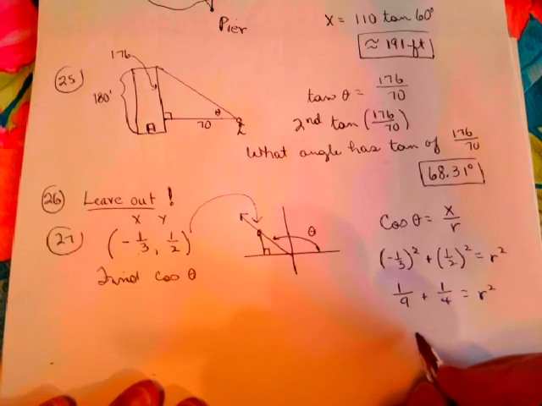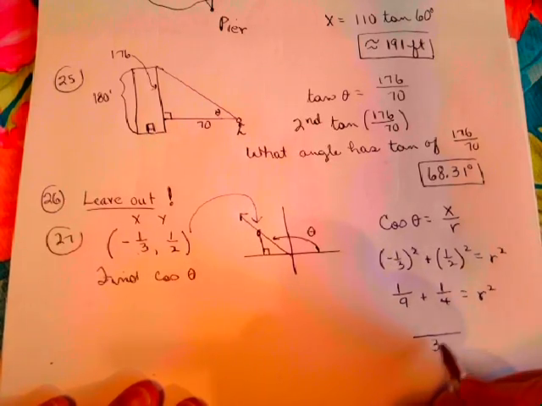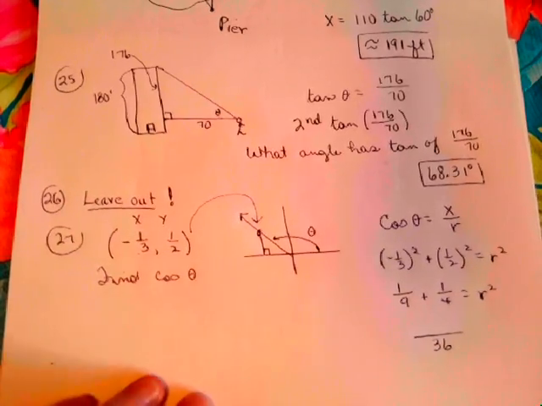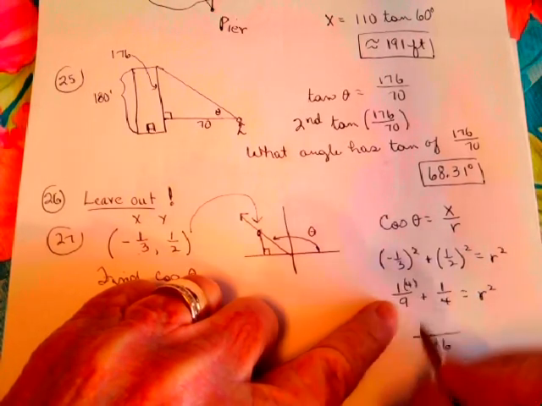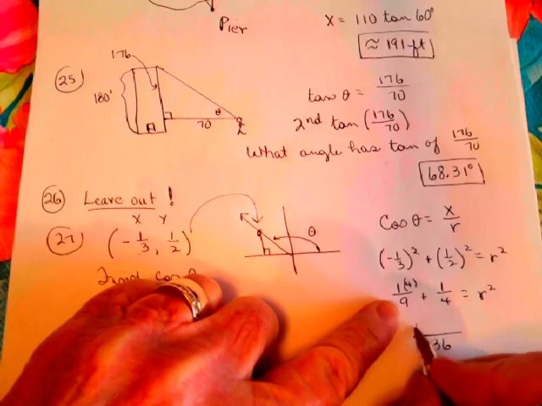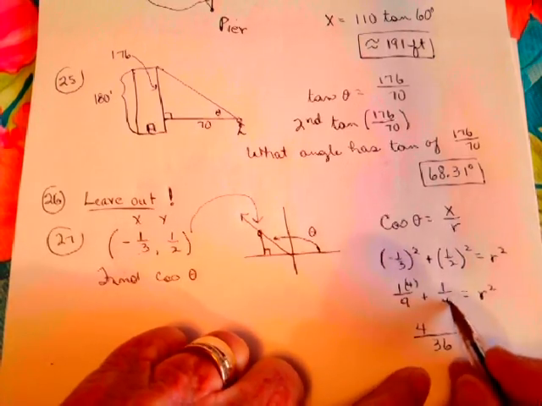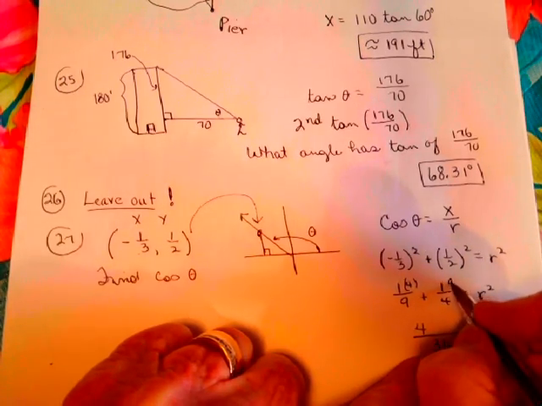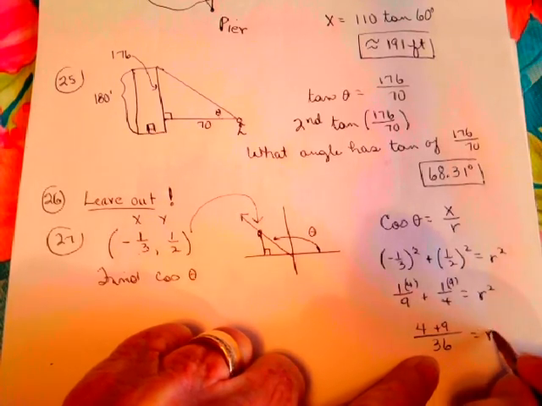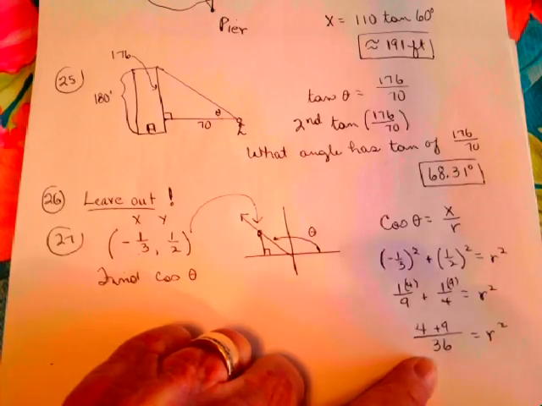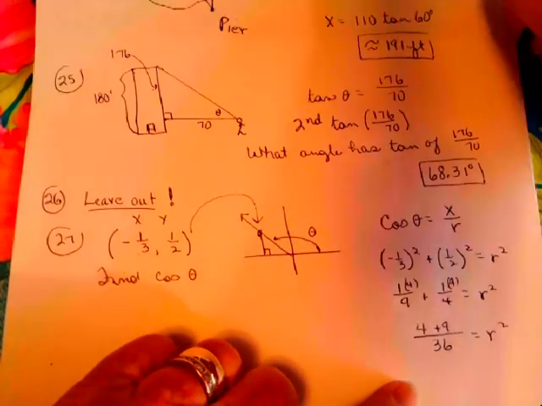Combine these two fractions. Least common denominator is 36. 9 goes into 36 4 times. 4 times 1 is 4. 4 goes into 36 9 times. 1 times 9 is 9. 4 plus 9 is 13.